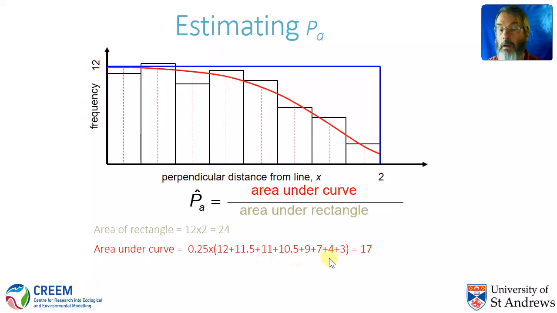The area under the curve can be approximated by computing the height of this curve at the midpoint of each of these 8 histogram bars. So here I've summarized the height of each of those 8 histogram bars, and I can then calculate the area of each one of these boxes by multiplying base times height.